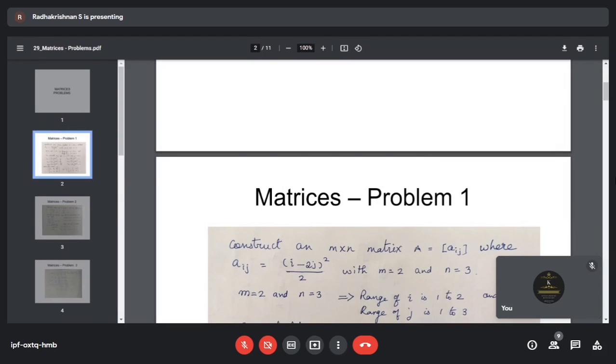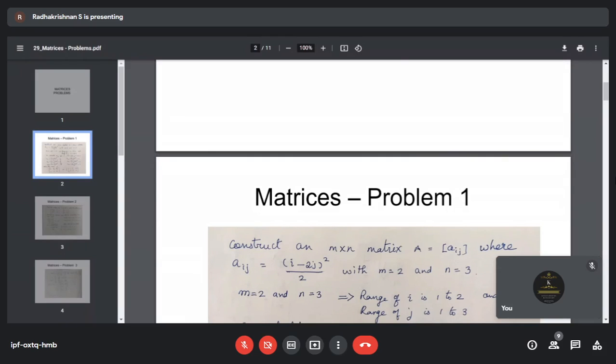So here with M equal to 2 and N equal to 3, it has got 2 rows and 3 columns. So aij, the ith row and jth column element, is defined by this formula, (i minus 2j) the whole square by 2.